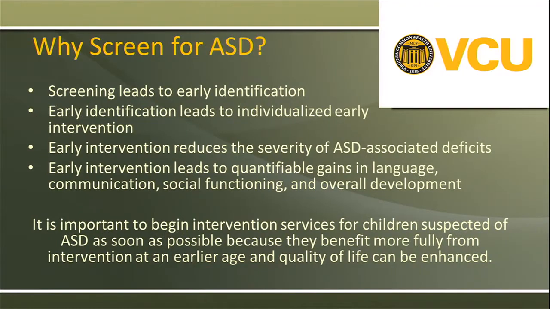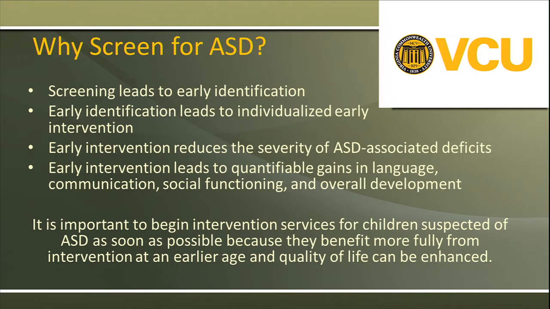So next, let's talk about why we screen for autism spectrum disorder. When we screen, we can identify those children with red flags and then again move them on for evaluation, which may or may not lead to a diagnosis. But if we're identifying those red flags and warning signs, we can move them on into early intervention services.